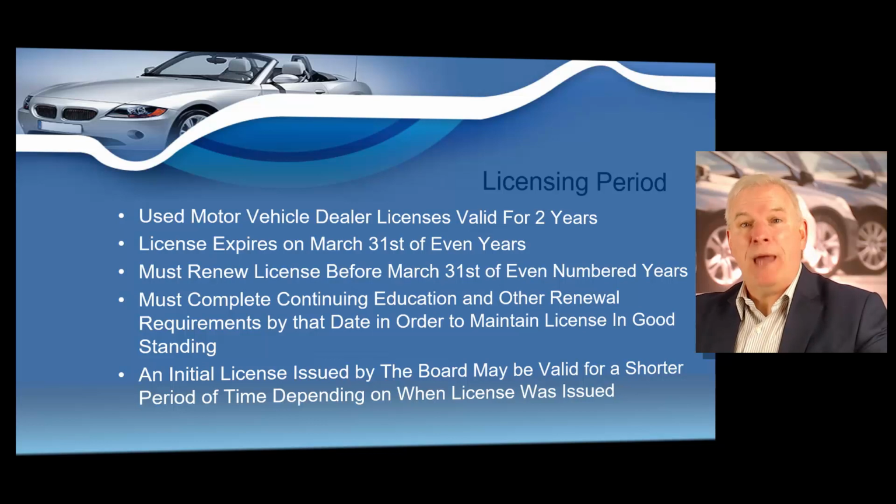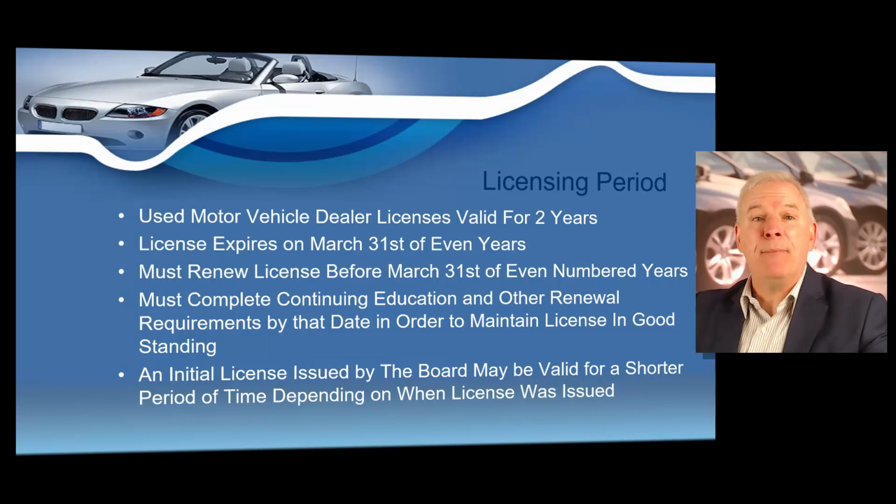Your license will not be for 2 years. It will expire on March 31st of the even year. So it's going to be valid for a shorter period of time when you're first applying, but once you've been licensed, it will always be good for 2 years. Remember, all dealer licenses expire on March 31st of even years.